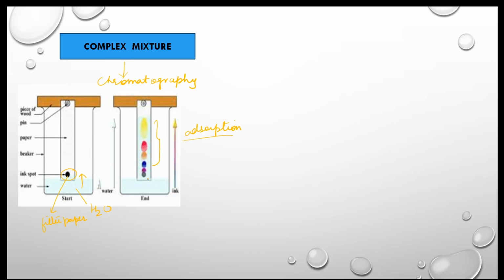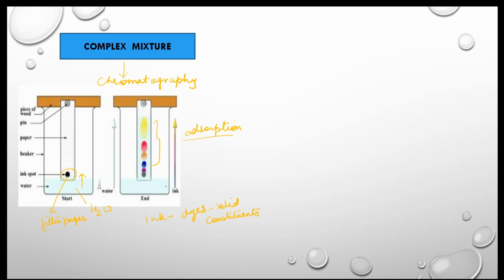So by this method, what has happened? We are able to separate the solid constituents which are making this ink. The ink is made up of different dyes which have got different solid constituents, and these solid constituents are removed when water, that is the solvent, passes over it.